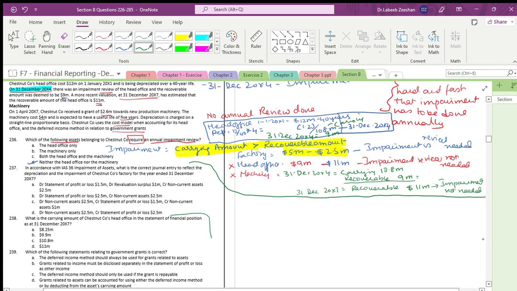I will put it like this, because I need more space to do the workings. This is for question 237.